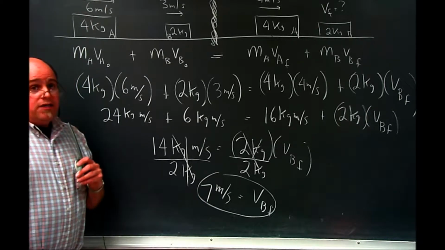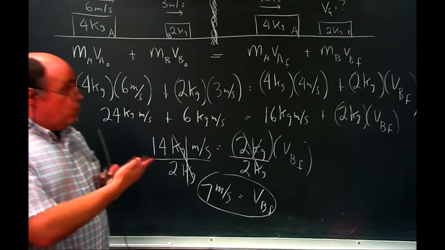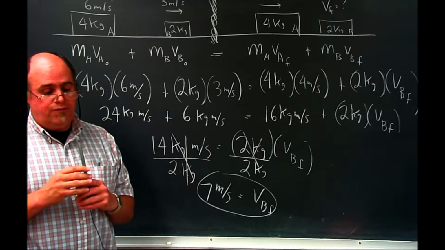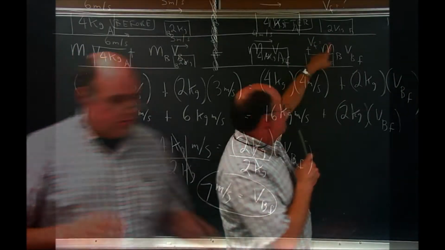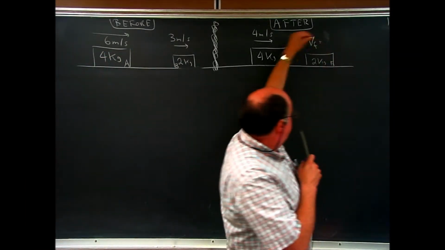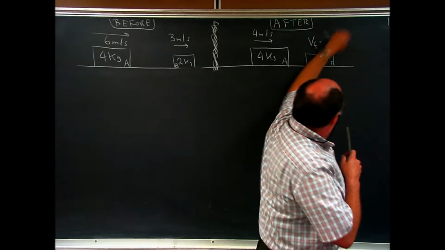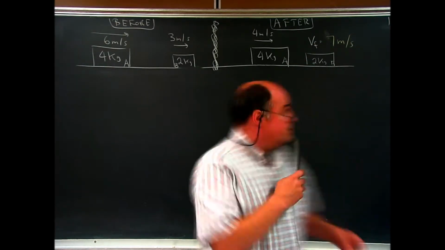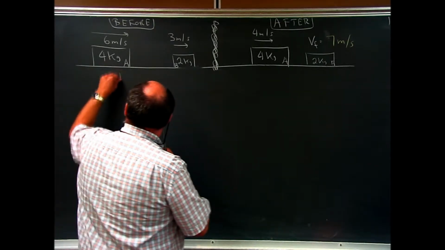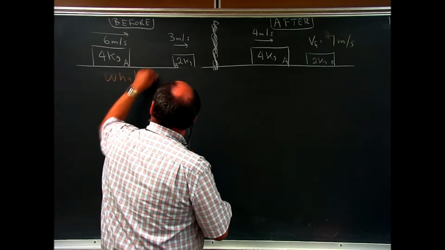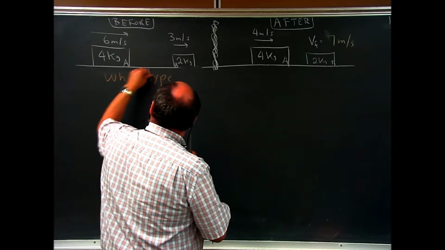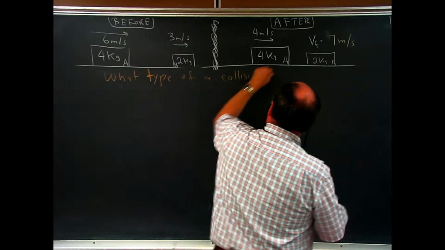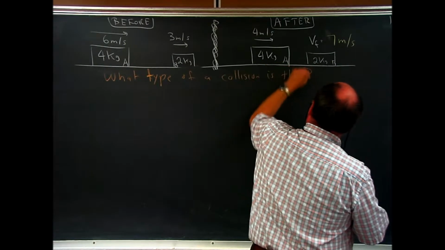Now one might ask, what type of collision was this? If we want to know what type of collision it is, we have to look at the kinetic energies. We just finished calculating v final, so it was 7 meters per second. And now I want to know what type of collision this is.